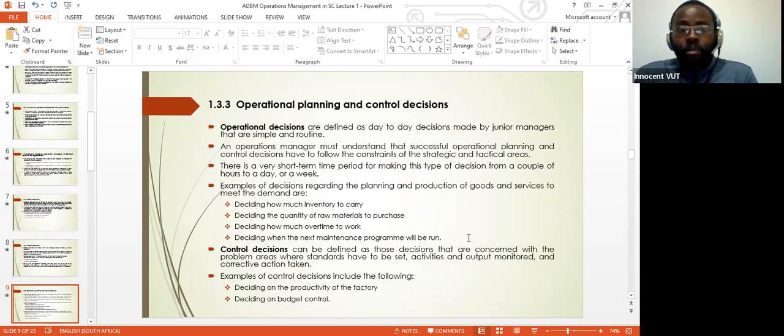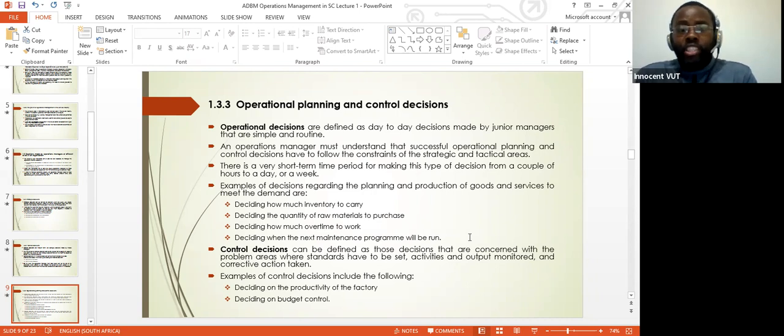There is a very short-term time period for making this type of decision, from a couple of hours to a day or a week. And then from a couple of weeks to 2 years, that is where we find the tactical decisions.